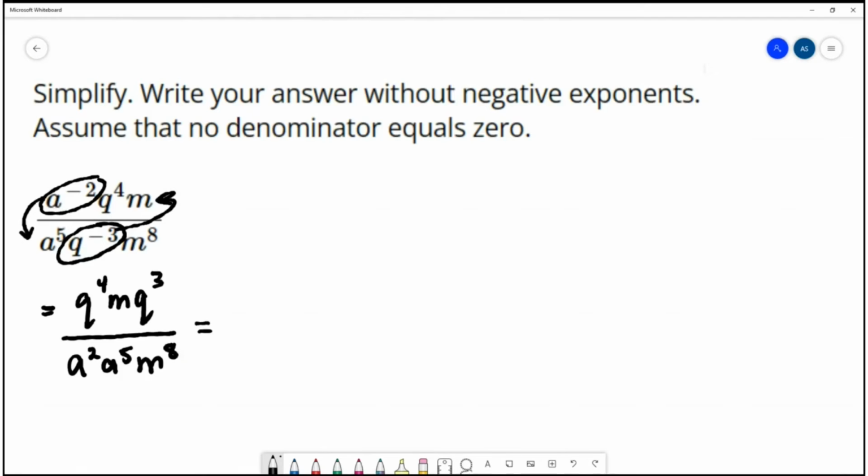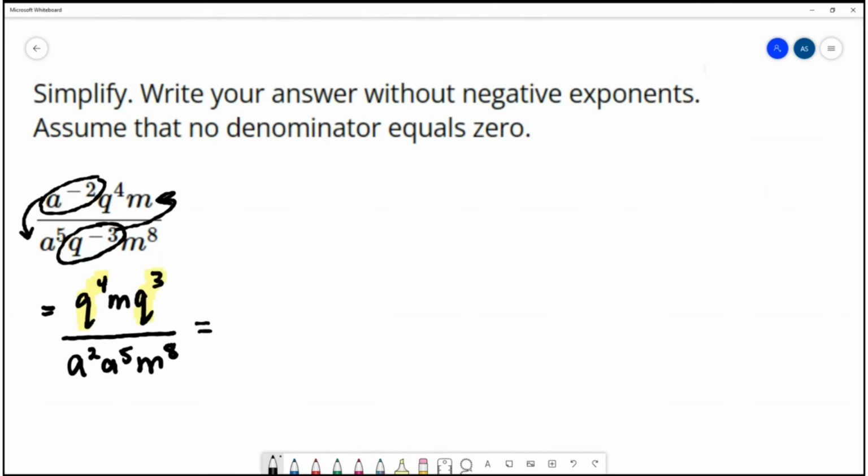Now once I've done that, I want to combine any factors that have the same base. So I have q to the 4th and q to the 3rd. Those are both in the numerator, so those are multiplied, and we're going to use the product rule for exponents.